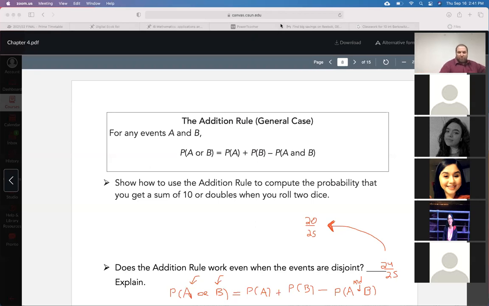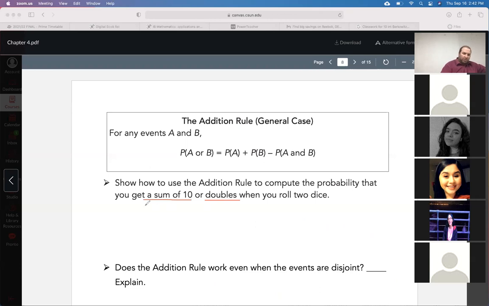So let's use this in the following example. Compute the probability that you get a sum of 10 or doubles. Now, is it possible to get both a sum of 10 and doubles? Yes, so there's overlap. They are not disjoint.